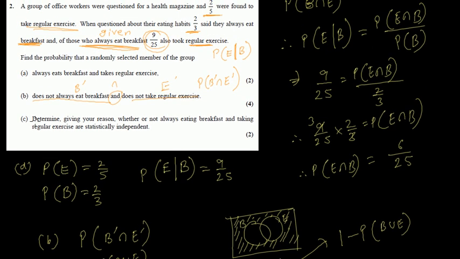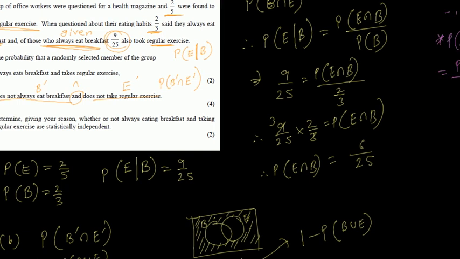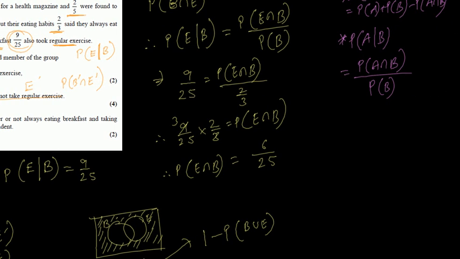The final question: determine, giving your reason, whether or not always eating breakfast and taking regular exercise are statistically independent. In these types of probability formula sums, the final question is usually where you have to prove whether the probabilities are independent, and the rule is if the probabilities are independent, then the probability of A intersection B should be equal to probability of A times the probability of B. If they're equal, then they're independent.